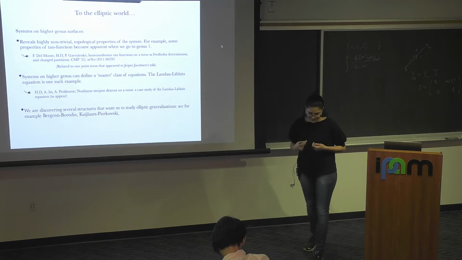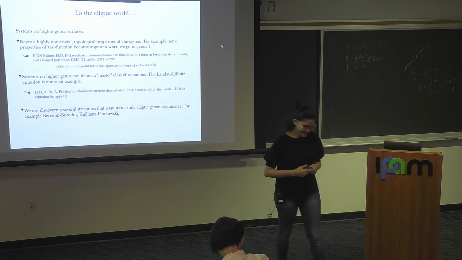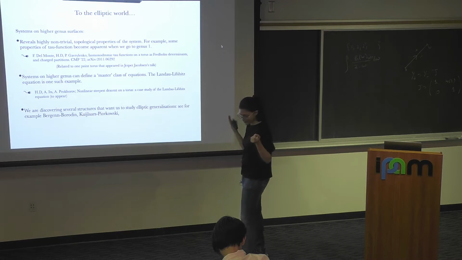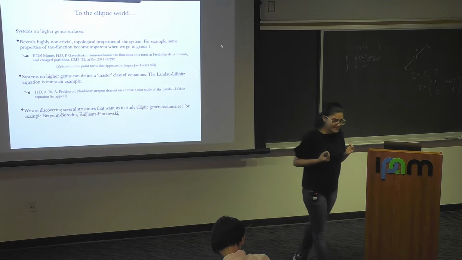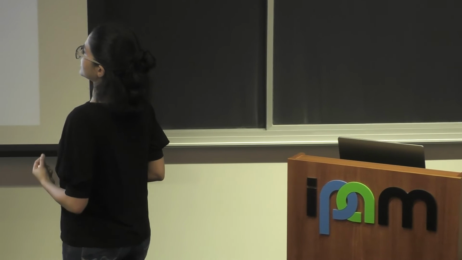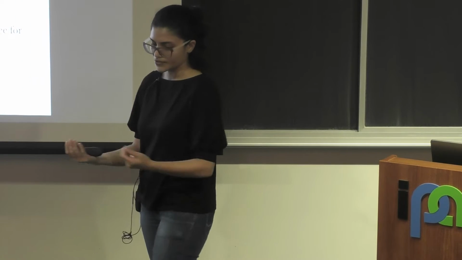Okay. Now on to the elliptic world. It's a good time to be studying things on the elliptic generalizations. The philosophy has been there for a long time, starting from the 1970s, and I'll show you the history in a minute. This has a very rich history of people trying to understand different kinds of elliptic functions. Of course, they are not new. But most importantly, in all the other fields, we have seen elliptic generalizations.